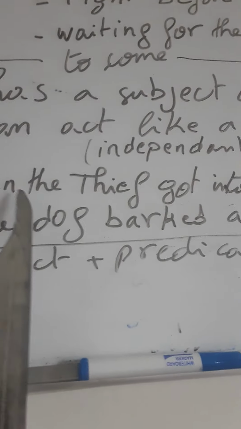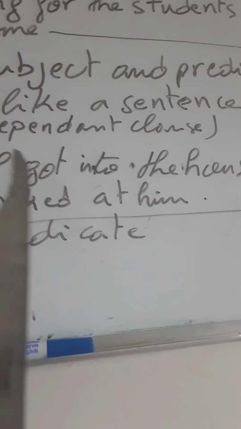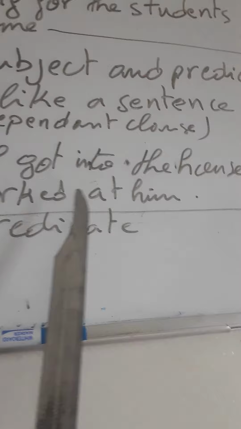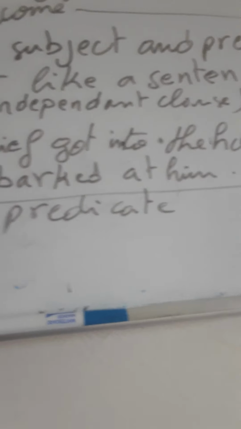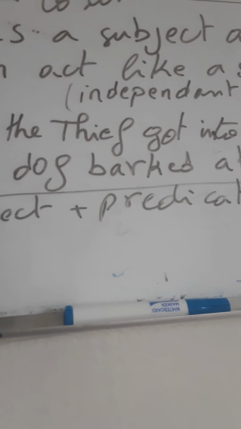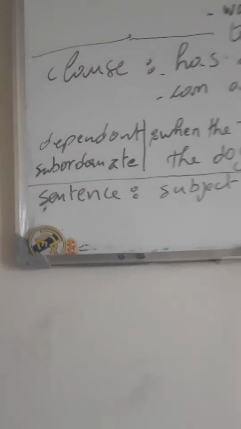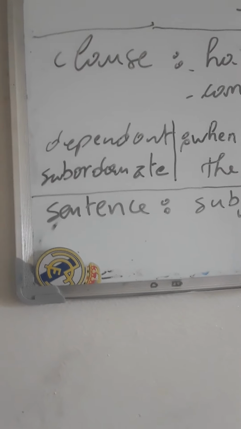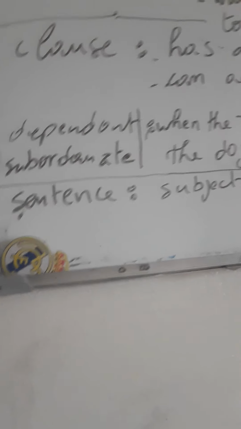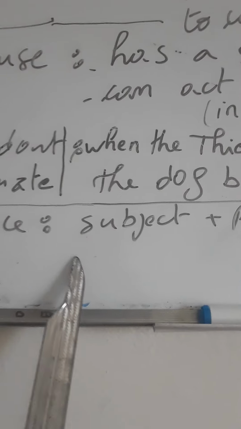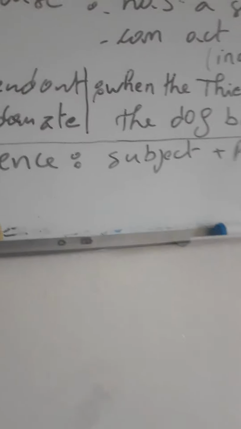Here, if we take "the thief got into the house" and "the dog barked at him," and relate them together using the relative pronoun, "when the thief got into the house, the dog barked at him," that gives us a sentence. I didn't put any example because we can take all these as examples here.